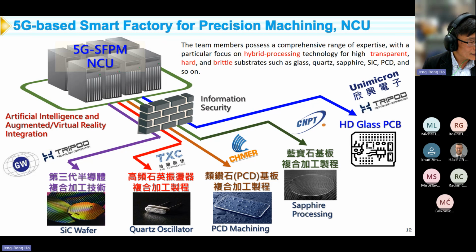All these are the cooperative companies in Taiwan. For today, I'm going to focus on silicon wafer, and the major cooperating company, Global Wafers, whose headquarters is in Hsinchu, Taiwan.